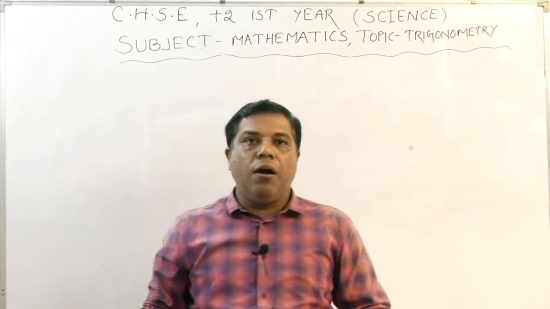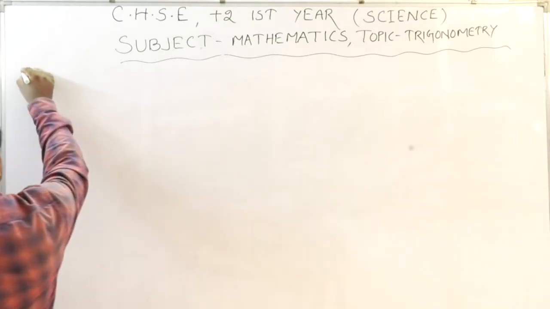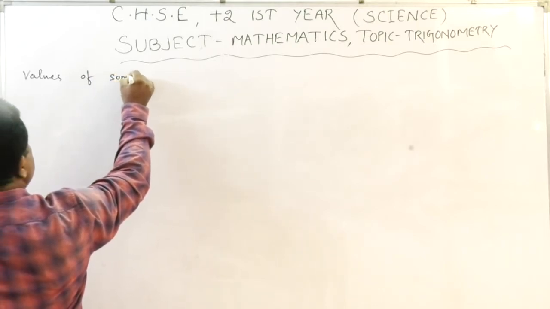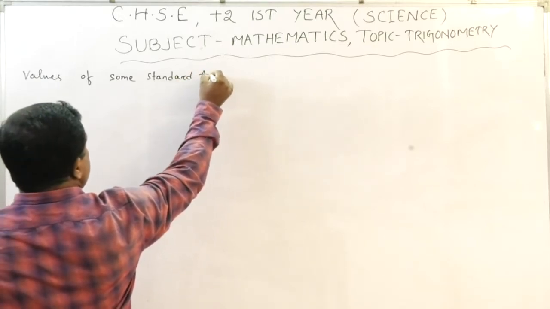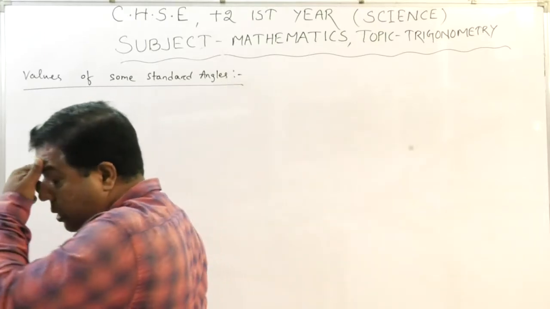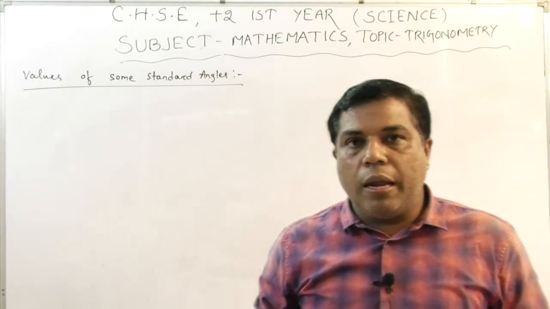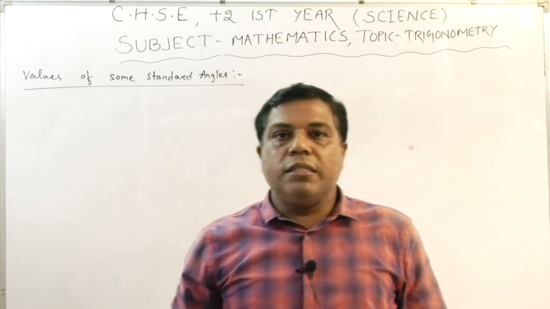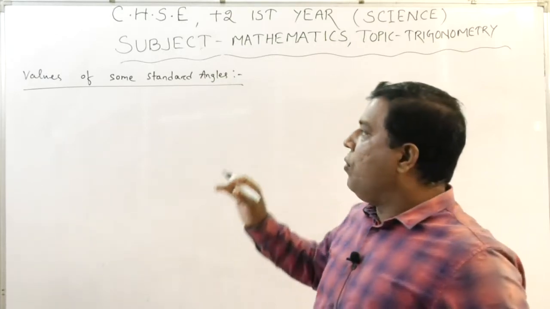So dear students, now we are going to move to the values of some standard angles. Some particular angles have certain particular values, and that is called the values of standard angles. Now we are going to show you the value of the standard angles with a chart.